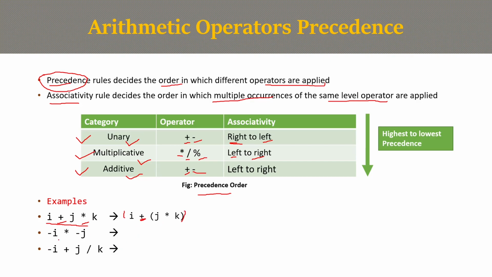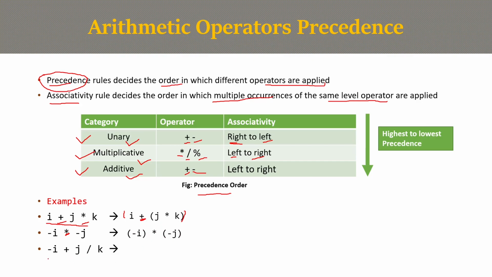In the next example, we have minus i into minus j. Here minus i and minus j are unary operators which have the highest precedence. So minus i and minus j will be calculated first, and then the multiplication operator will be done. I'm using these brackets to indicate which operators are being done first.